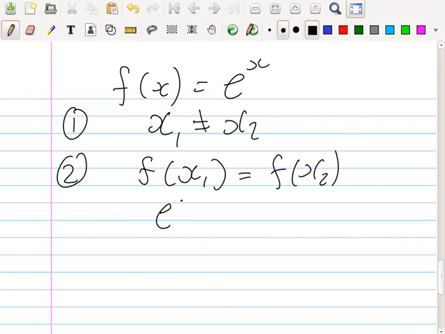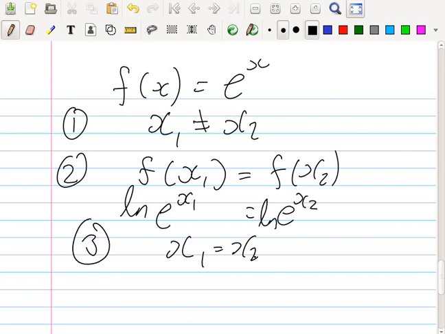This would be e^x1, and then here, e^x2. Now, how do you cancel e? Log. So I'm left with now x1 equals x2. Now, can this be true? It cannot be true.